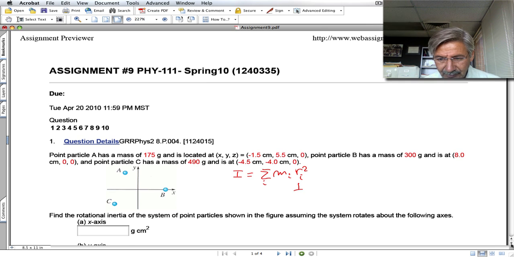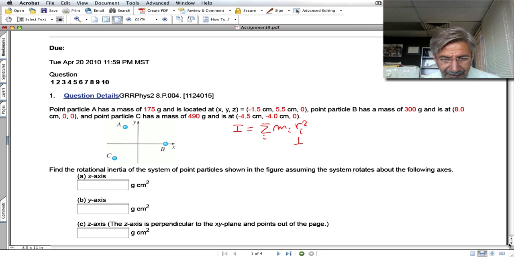So in this particular problem, you can calculate the rotational inertia around this axis, for example. And around this axis, only this mass and this mass can rotate. This mass cannot rotate around this axis because it's on the axis.